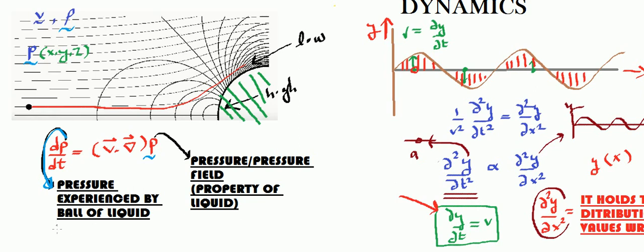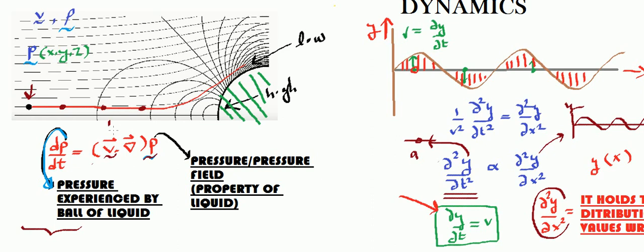Similarly, in this case also, the left hand side, I mean dp by dt, carries the information about the pressure experienced by this ball of liquid. As the ball moves here, after a particular time it will experience pressure, it comes here. So it's all about what pressure the ball is experiencing, which is written in terms of the distribution of pressure and velocity in the fluid.